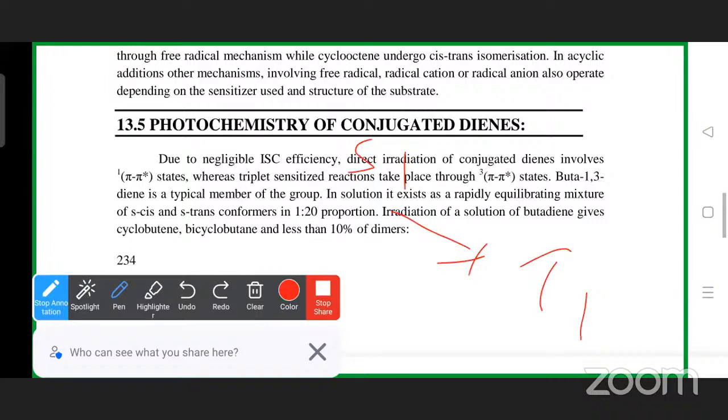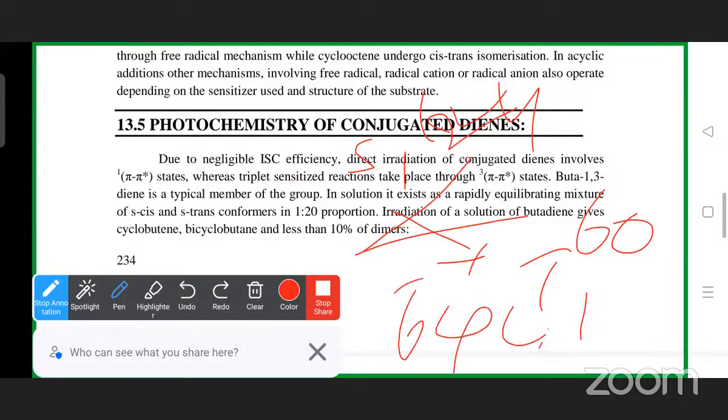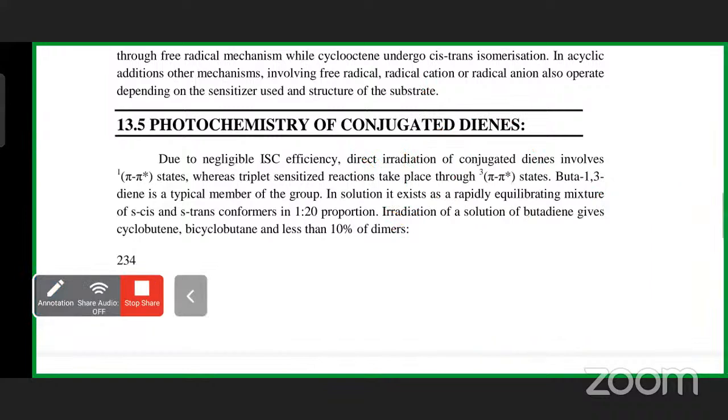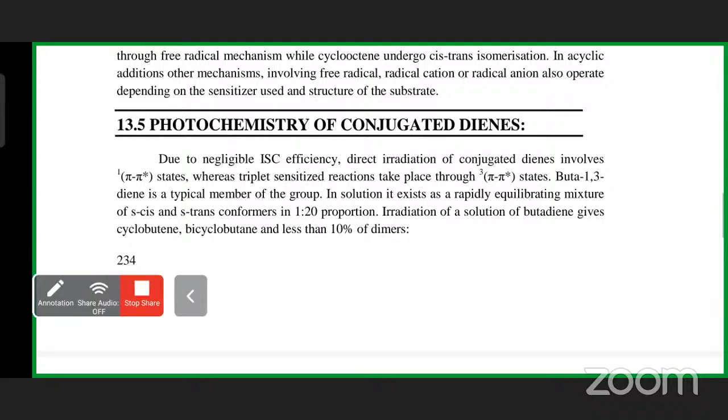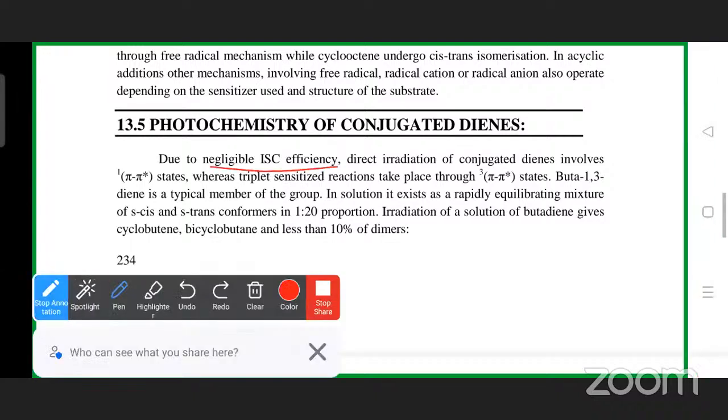The difference, 124 minus 60, is 64 kilocalories. So its energy gap is more, and its ISC efficiency is negligible.